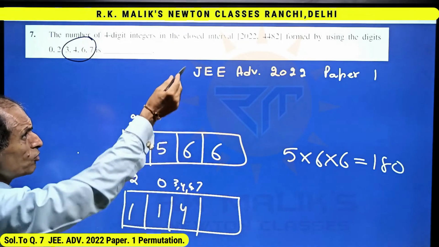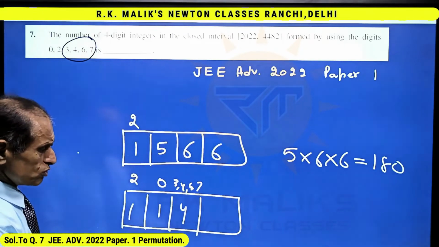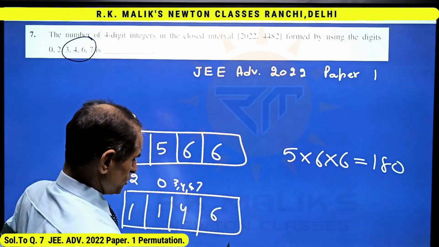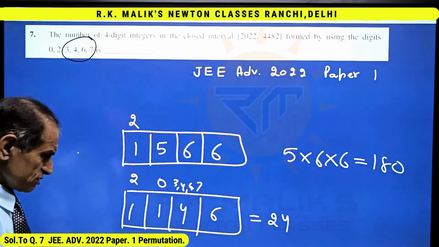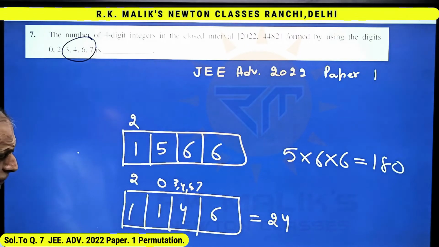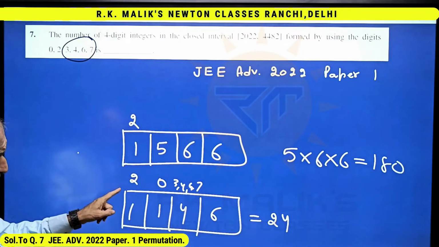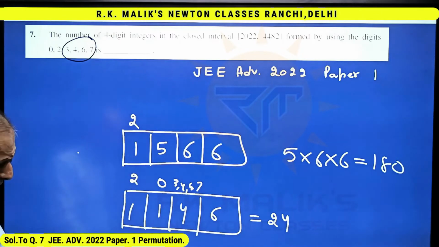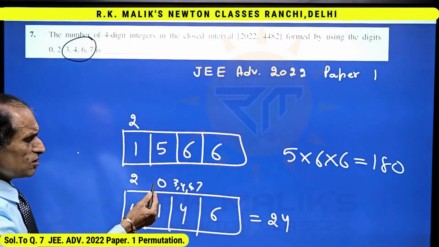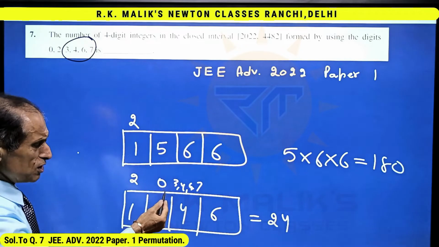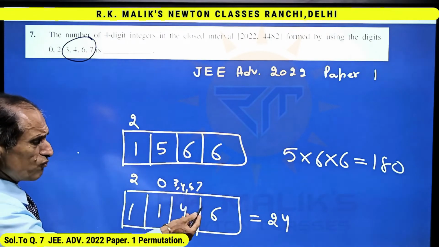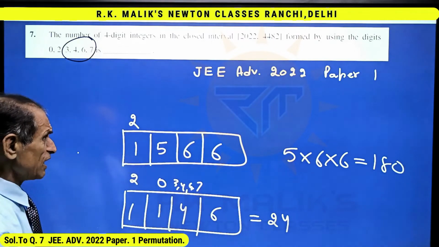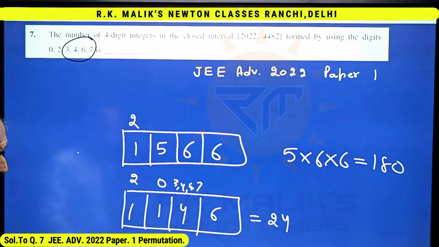Number found will be more than 2022. That is, this place is filled in 6 ways. That is 24 numbers. That is, 24 numbers are there which have 2 in the first place, 0 in the second place, and in the third place 3 or 4 or 6 or 7 has come, and fourth place is filled by any of these digits.